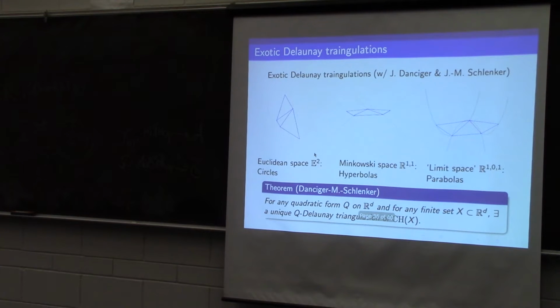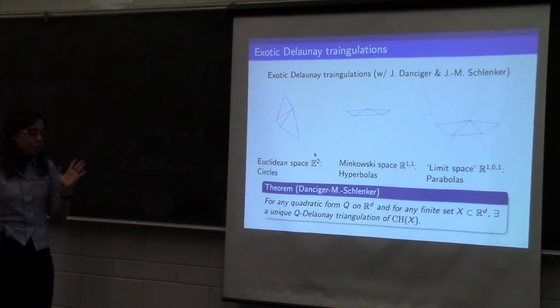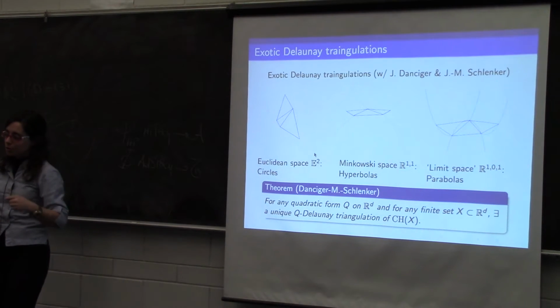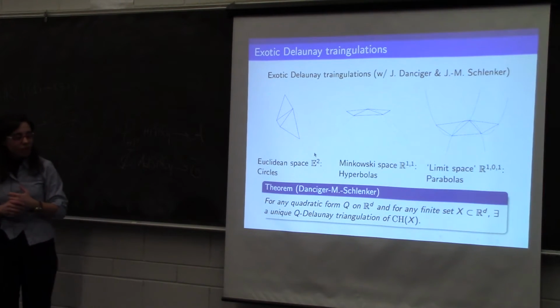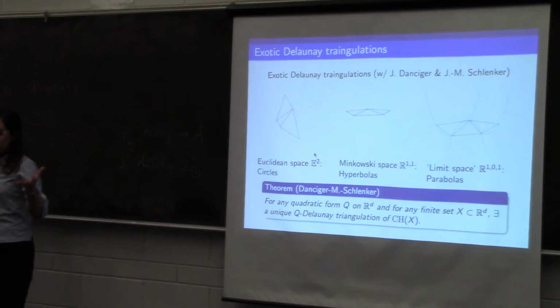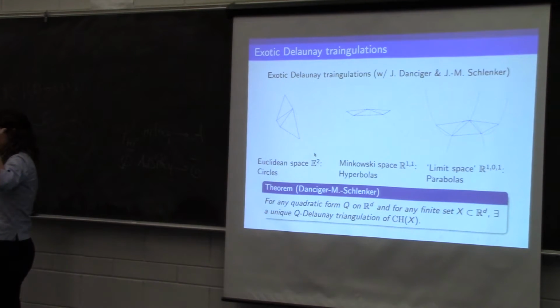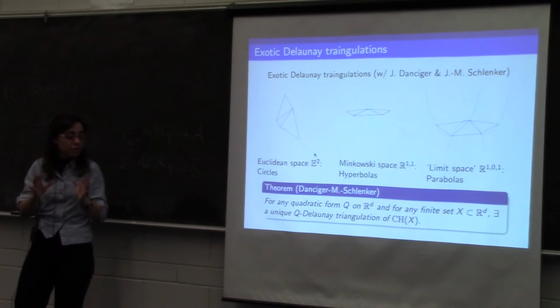Okay, so now the last two slides I want to explain are a few other things that we have been doing, and the next one is what was the original question we were interested in. This is a project that we have now finished, and it is an example of this transition geometry. The Delaunay triangulations are a tool that has been used a lot and has been very interesting from many different viewpoints.